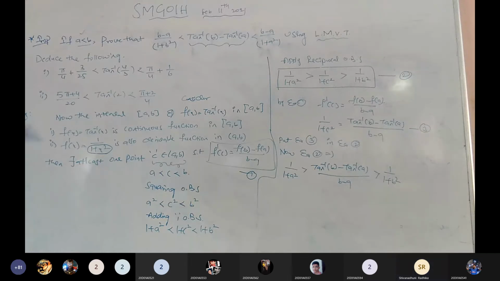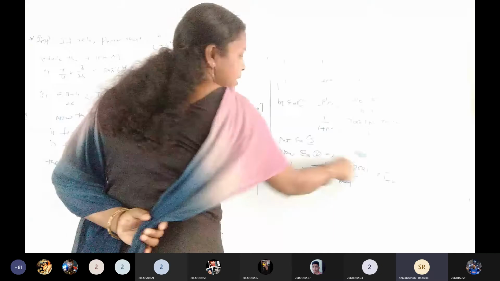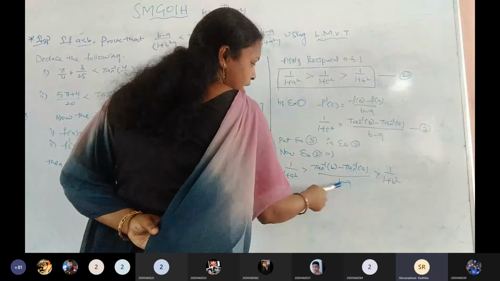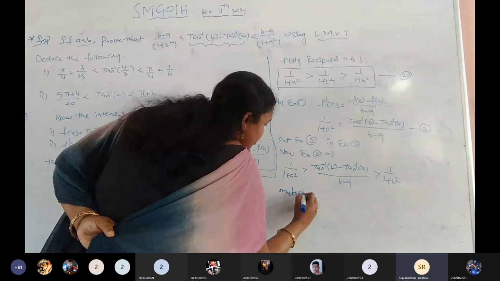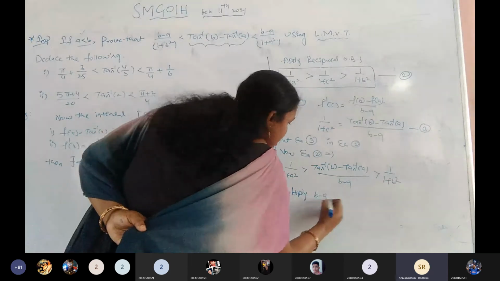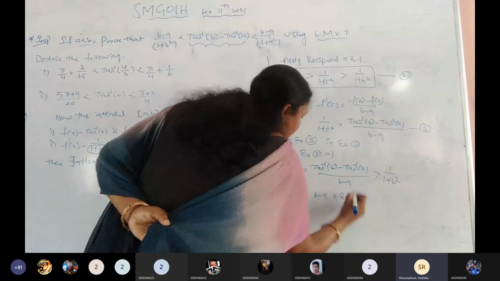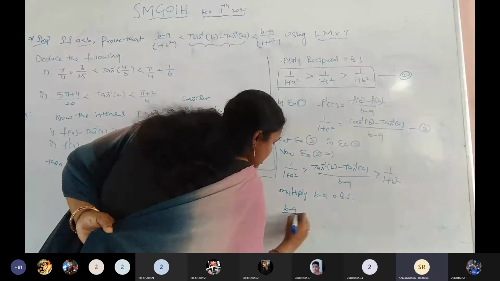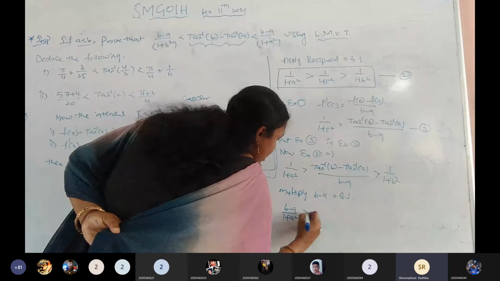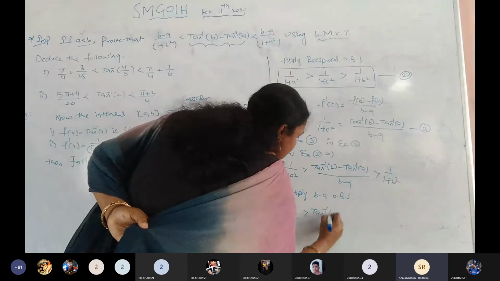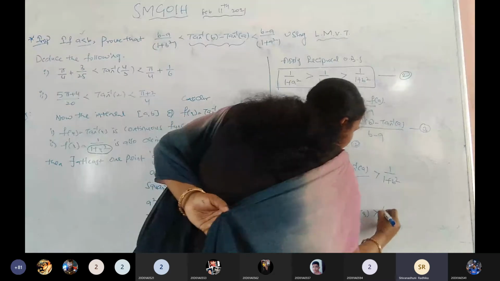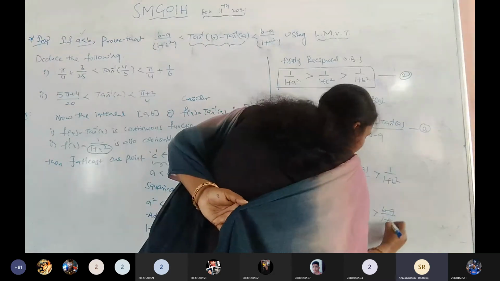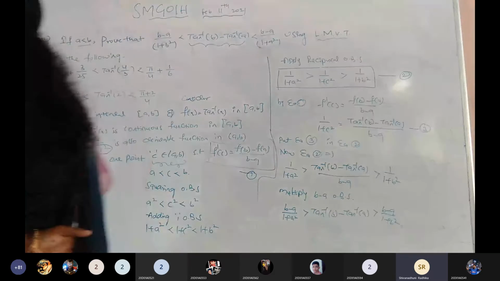Now the denominator in the middle term is b minus a, so multiply b minus a on both sides. So b minus a by 1 plus a square is greater than tan inverse of b minus tan inverse of a, which is greater than b minus a by 1 plus b square.